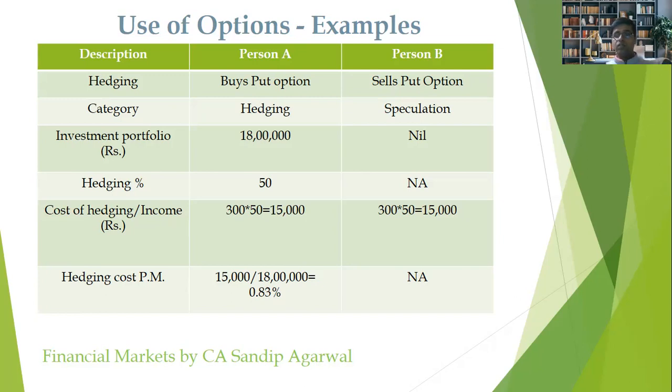But if he decides to liquidate the portfolio now, he would be getting 16,20,000 rupees only, as against the 18 lakh rupees invested by him. So his loss of 1,80,000 rupees on the investment portfolio gets compensated to a certain extent by the 75,000 rupees gain which he has got on buying a put option.